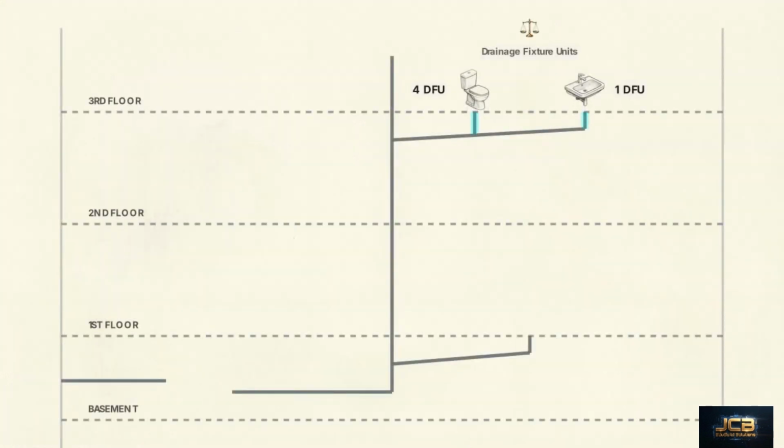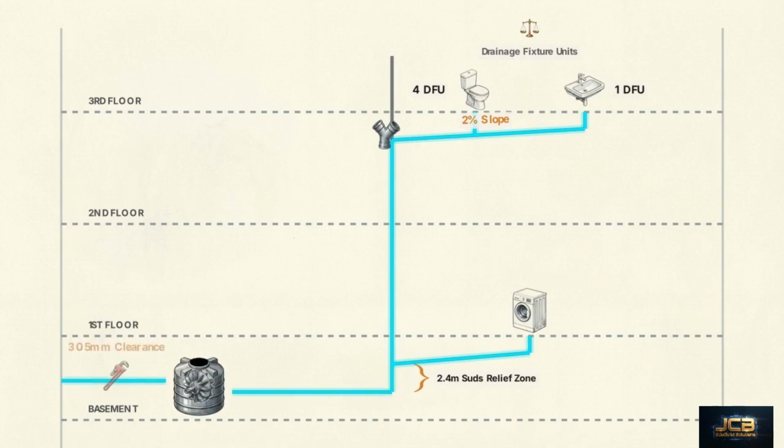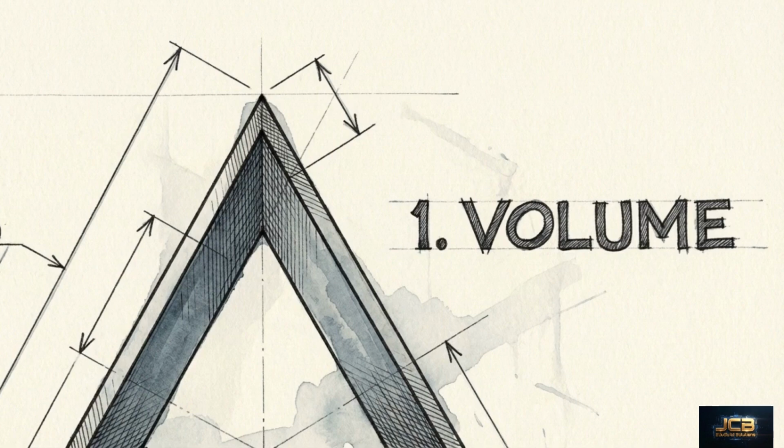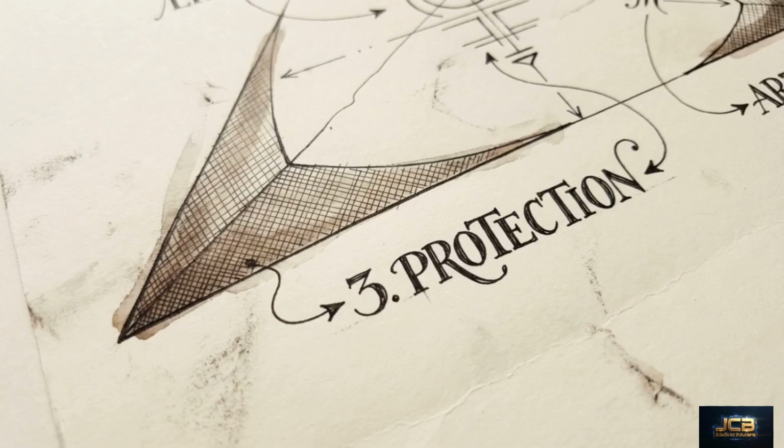Zooming out to the holistic network, we see how all these isolated rules work simultaneously. The DFU loads, the slope percentages, and the safety clearances map perfectly onto the building's geometry. A compliant excreta drainage system relies entirely on this perfectly tuned triad: calculated load capacity, controlled flow velocity, and engineered physical safety.